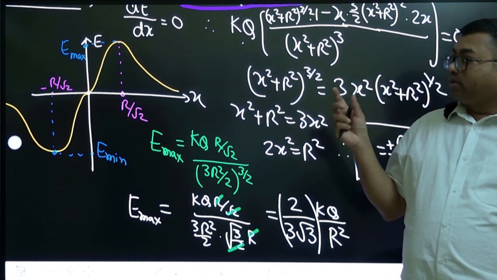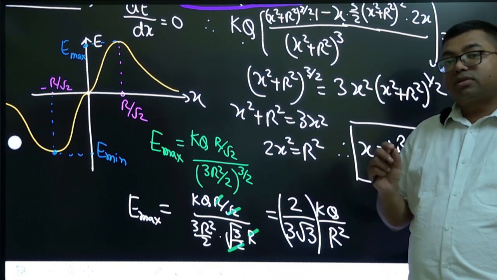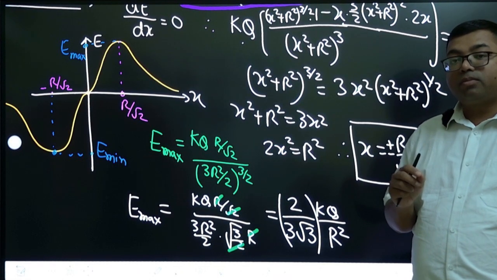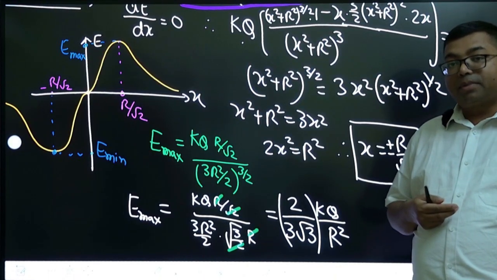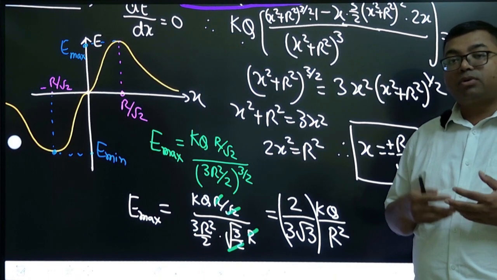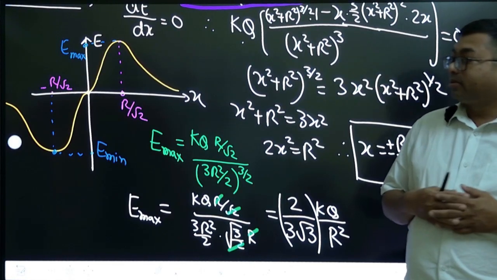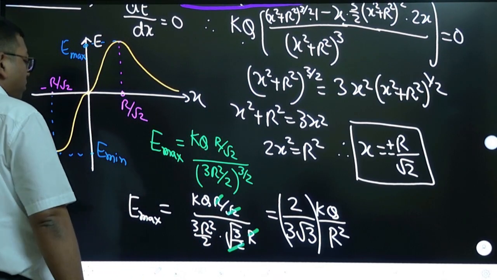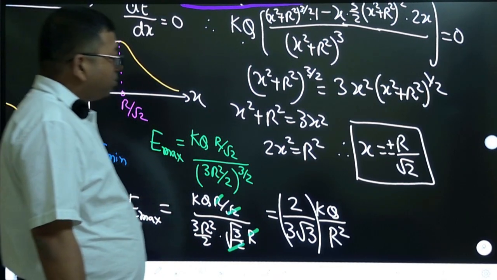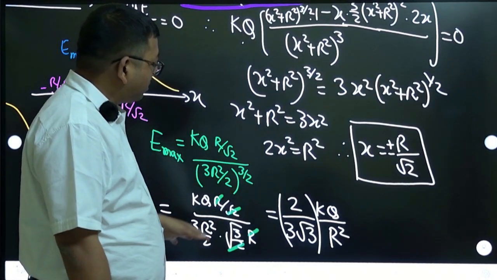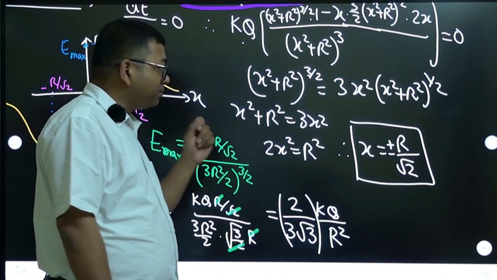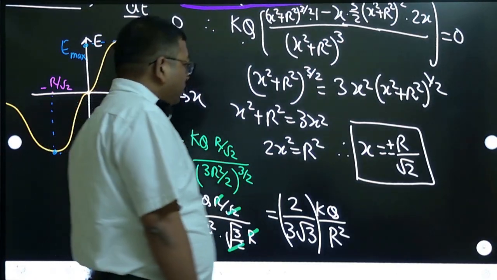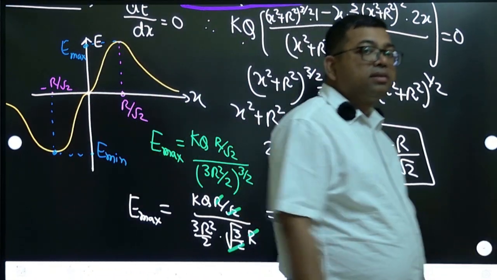So these results are important because wherever the field is maximum, what can happen to the potential or potential energy, that we will see. Right now we have got this result: the formula for the field, what is the maximum field and where is the maximum field happening? Clear? Yes.